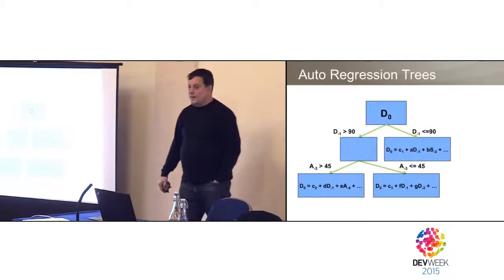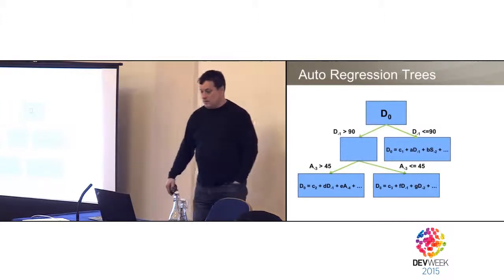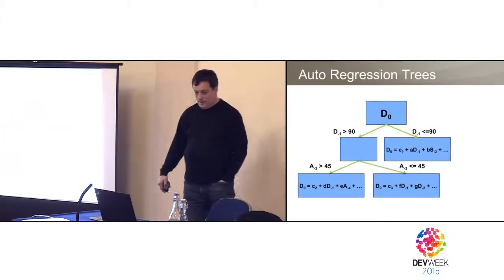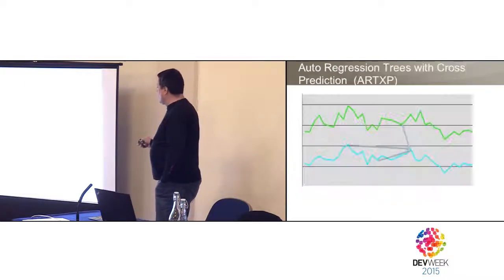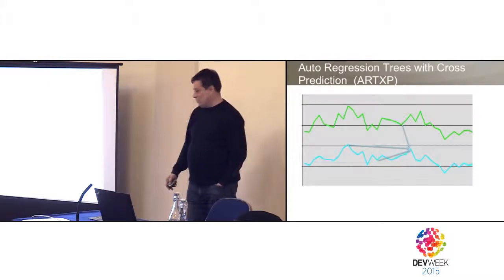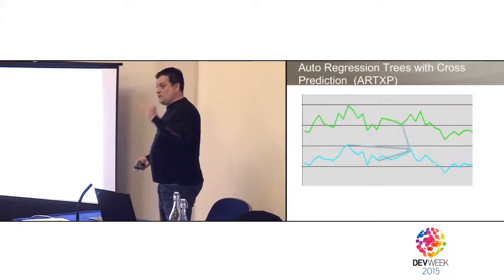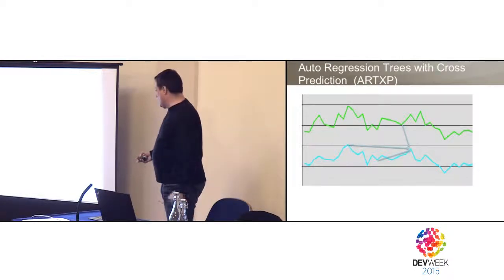So what we got again is regression trees. And we got a piecemeal multiple linear regression formula. We actually got auto-regression trees with cross-prediction, enhanced auto-regression trees. Remember, auto-regression trees are using values of the same variable in previous time points. So, like here, I use this value to predict this value.